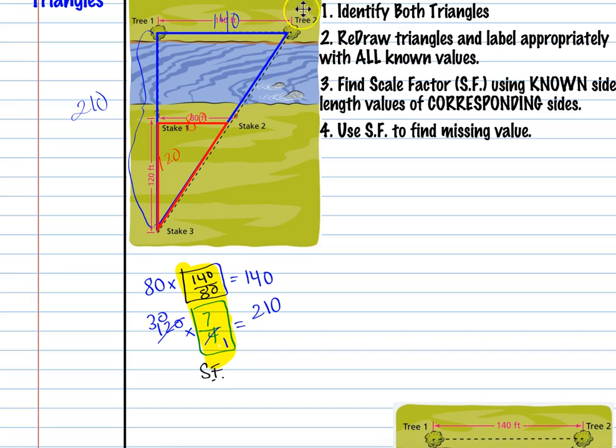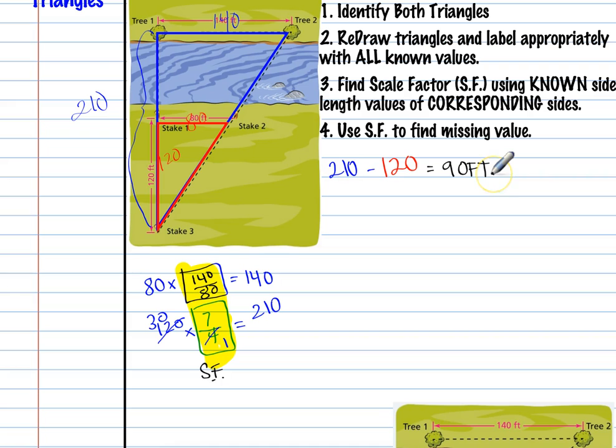To find the distance across the river, 210 from here to here, I take this part away and I'm only left with this little section, minus 120, and that gives us a distance across the river of 90 feet.